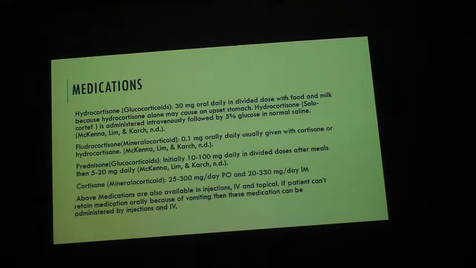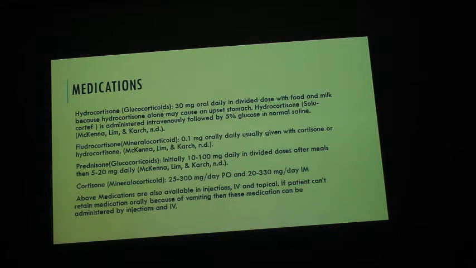There are a few medications that can be used to treat this disease. Number one is hydrocortisone. Number two is fludrocortisone. Number three is prednisone, and number four is cortisone.